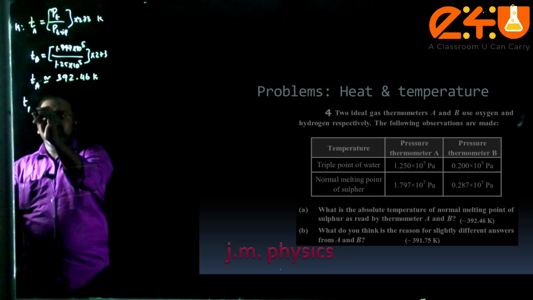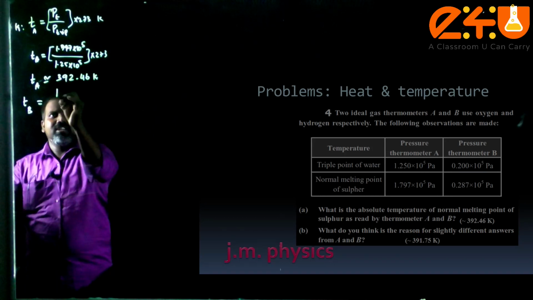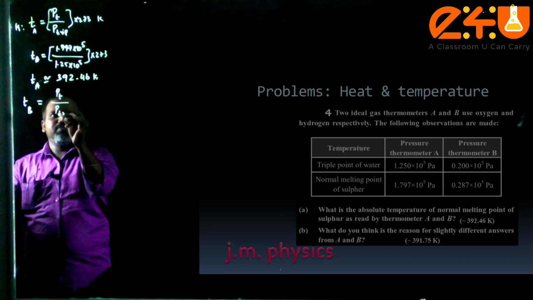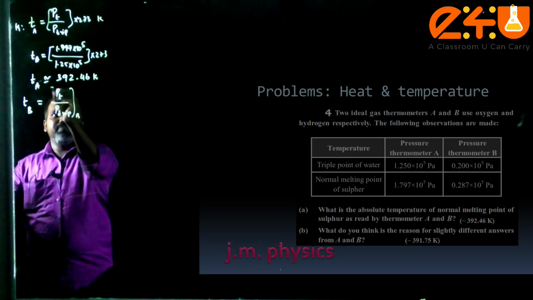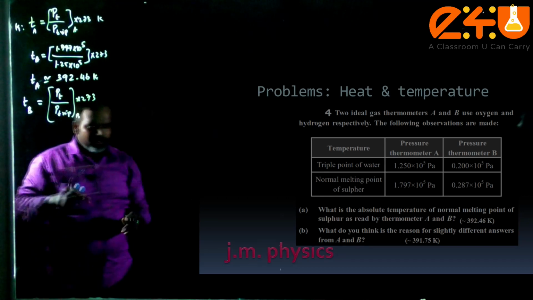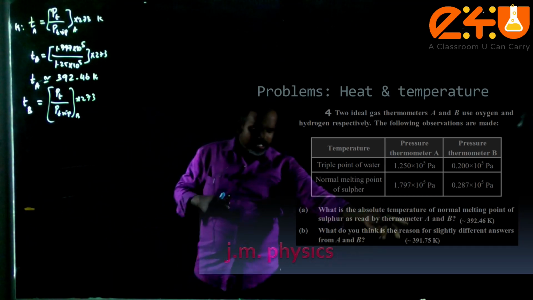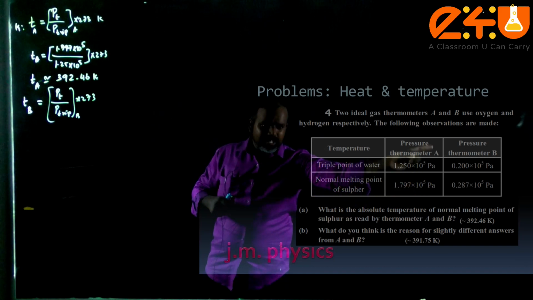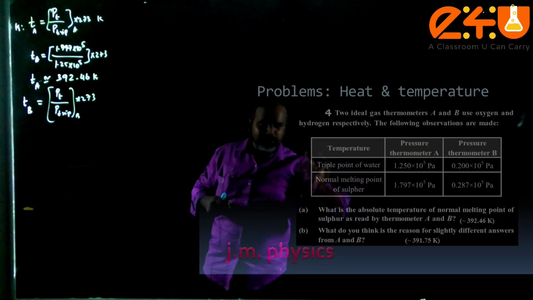For gas B, it is again Pt by P triple point into 273. Substitute the values: the pressure is 0.287 and the corresponding triple point pressure is 0.2.